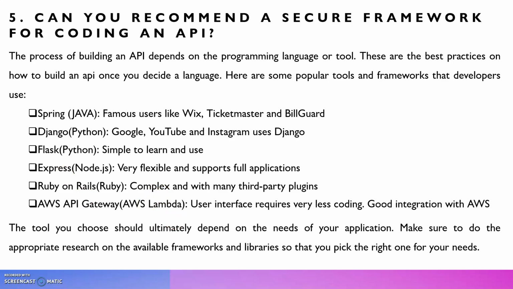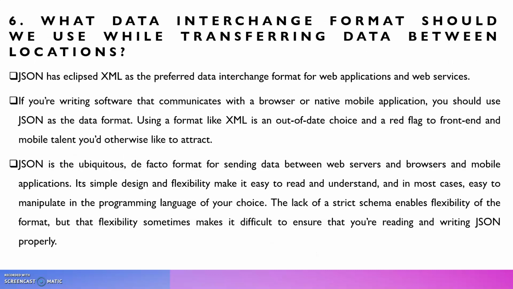All these have their pros and cons, but the tool chosen should depend on the needs of the client's application, and we need to make sure that appropriate research has been done before selecting available frameworks and libraries in the market.